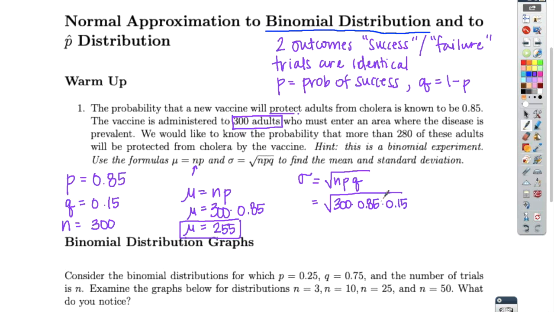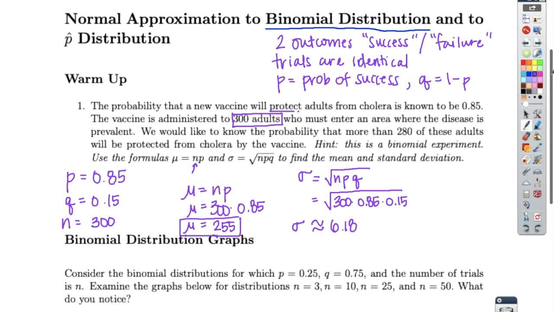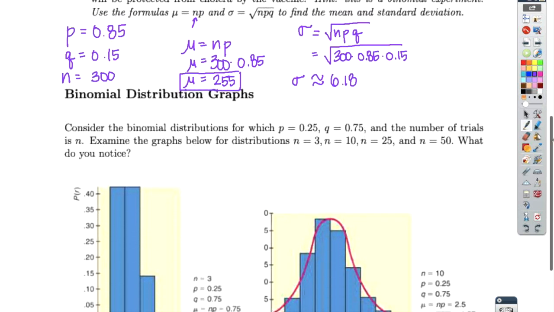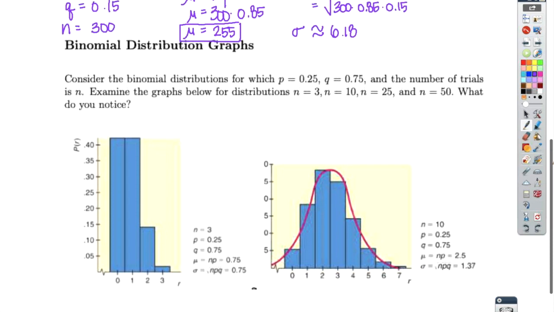And so when I throw those into my calculator, I'm going to round this to 2 decimal places, and the standard deviation is approximately 6.18. Okay, so that's all we're going to do on this particular example, but that should give you a little bit of a refresher on binomial distributions and binomial trials.